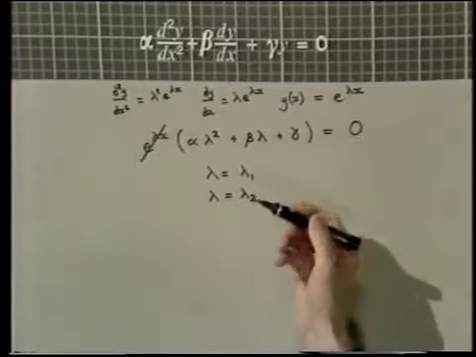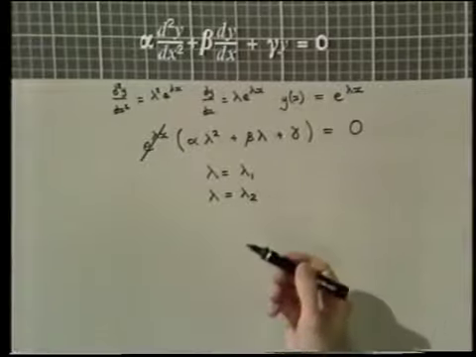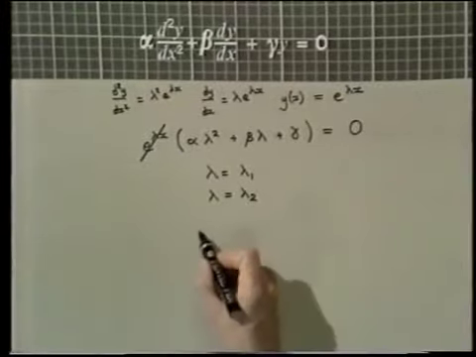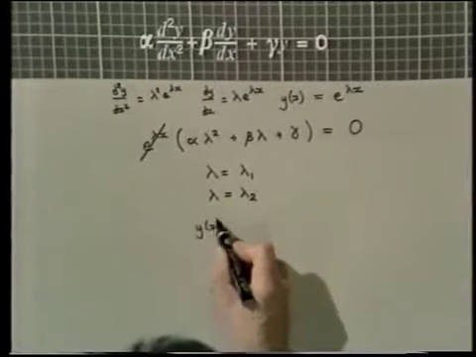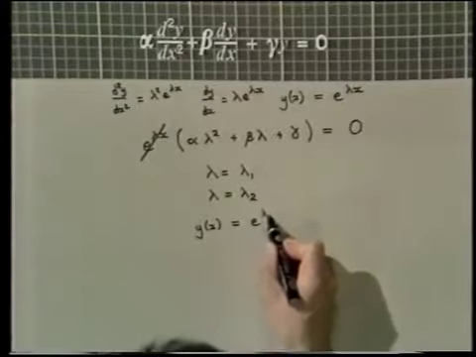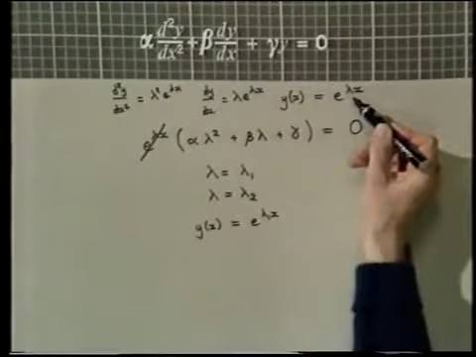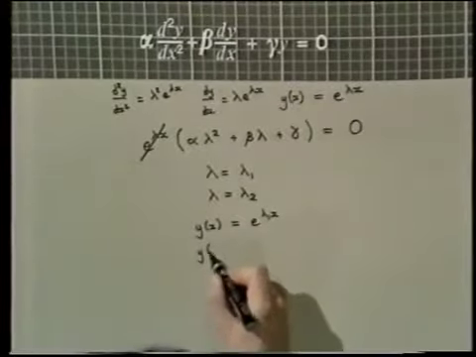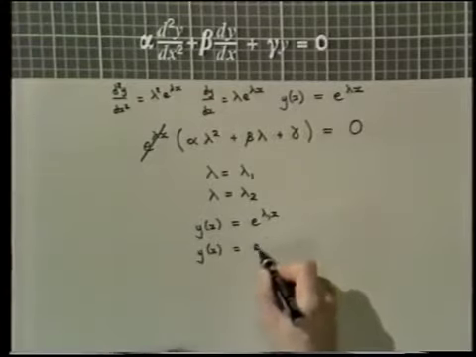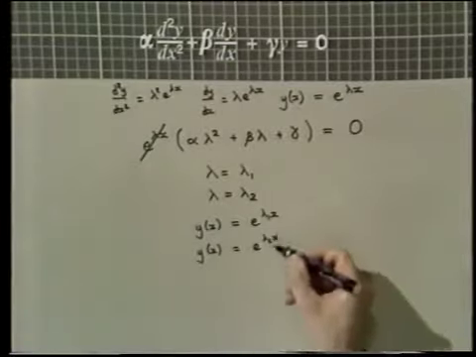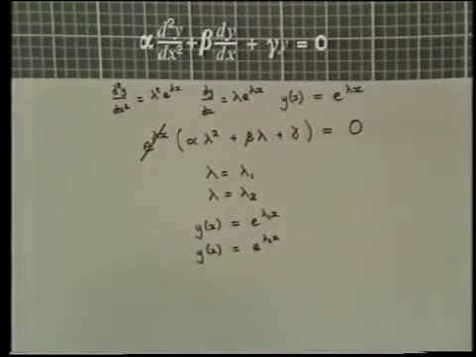And that means that I've now got two solutions to my differential equation. I've got y of x is e to the lambda 1x, that's putting lambda 1 into my trial solution. Or I can put lambda 2 in, and both those functions satisfy the differential equation. But they're not the only functions that satisfy that equation.